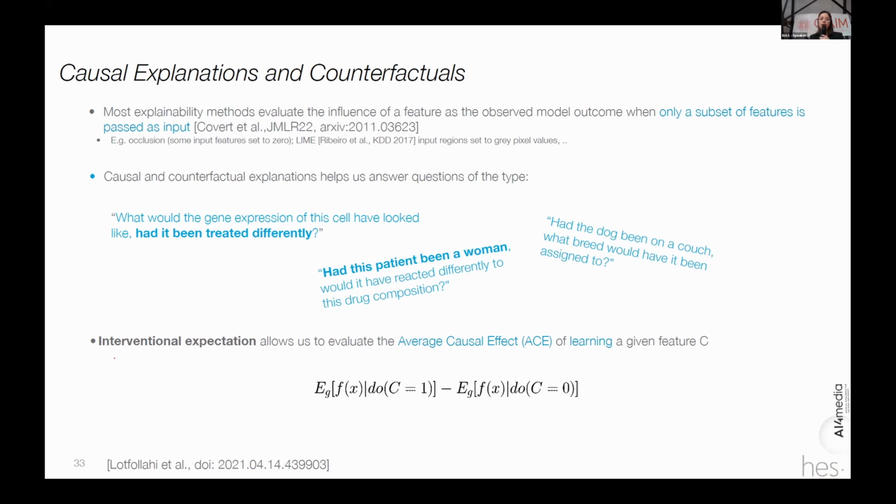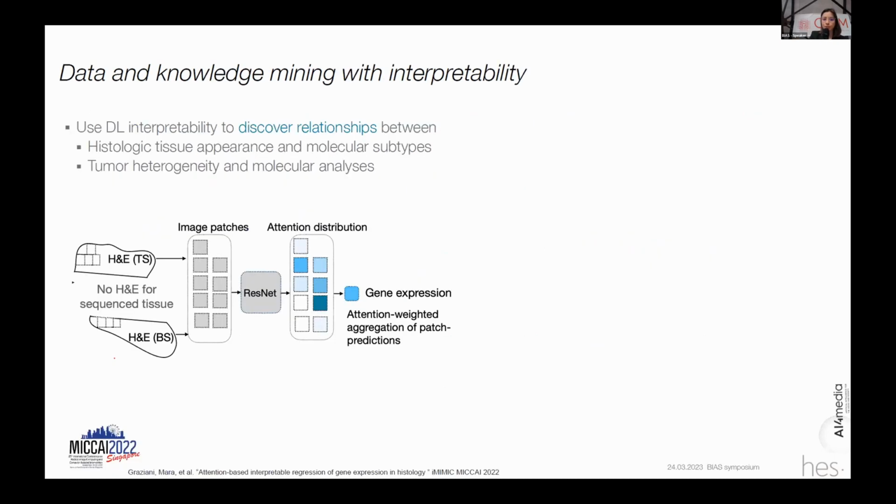So I think having this interventional expectation is extremely interesting, and that's probably the next step, also generating counterfactual explanations that are much more robust than identifying salient inputs.